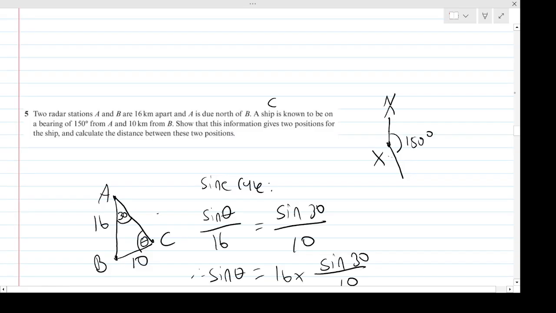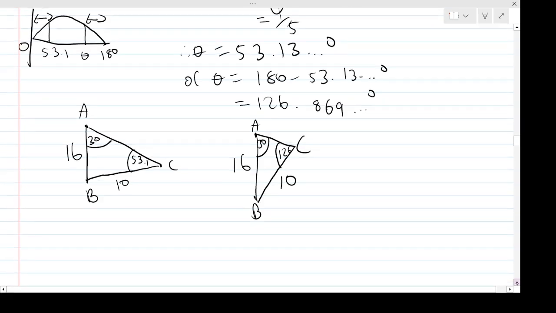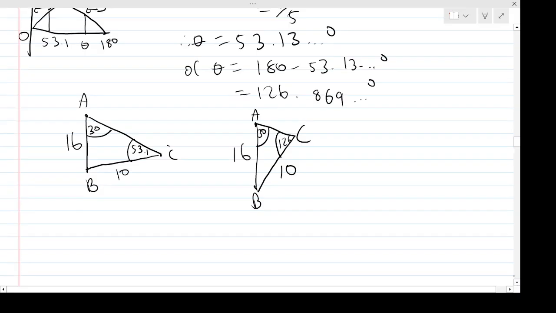So there we are then, so we've got the angles, so then it's asking for the distance between these two positions. So it's basically asking for the difference between the distance here and the distance here. If you imagine, because A and B are still the same, on the same point.